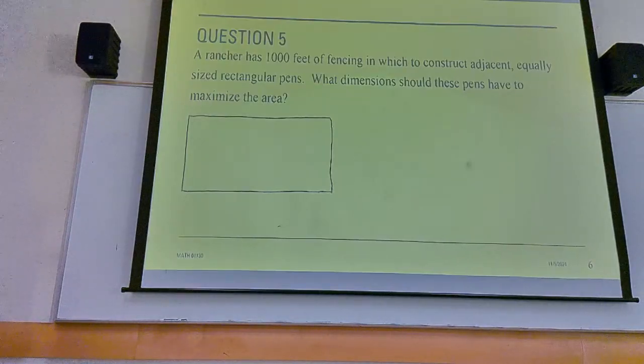There's our two adjacent, equally sized rectangular pens. Hmm? I think I have the constraint. No, I don't.